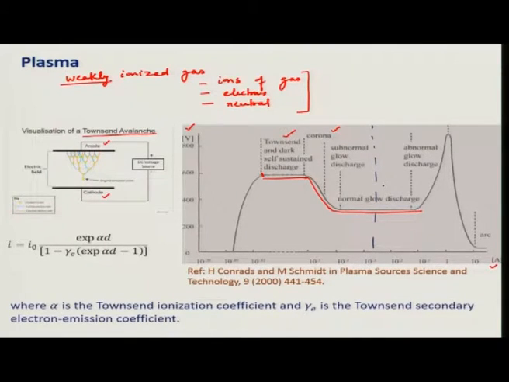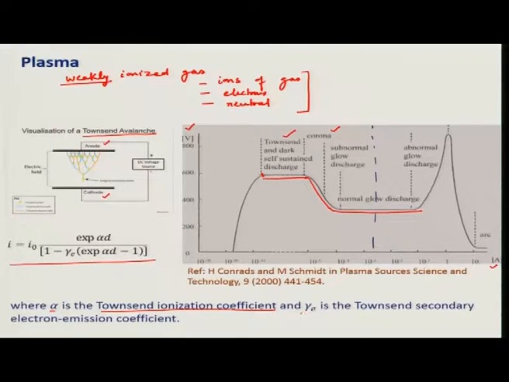Okay. Now, let us come to this expression here, which explains the electron current in the plasma. Alpha is the Townsend ionization coefficient, because as more and more gas atoms are being ionized, more electrons are being produced, which will carry the current. So, the current increases.